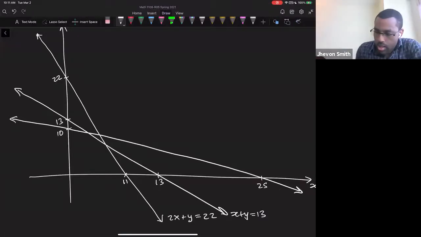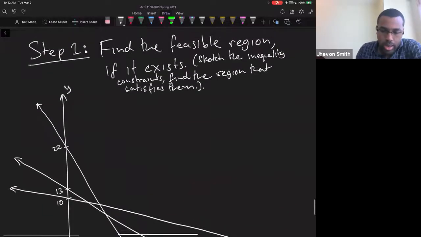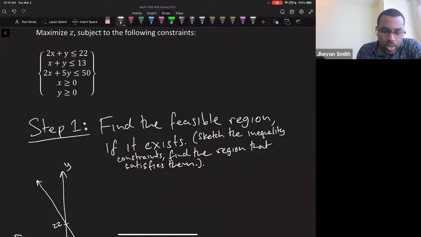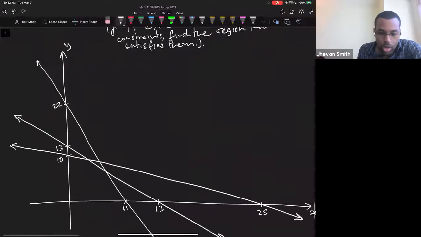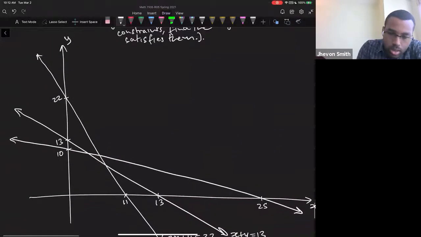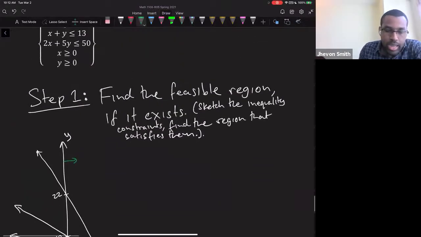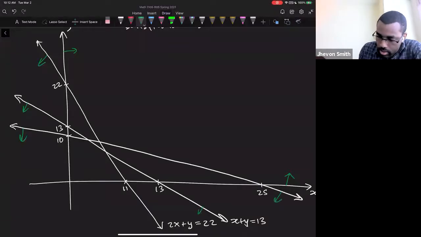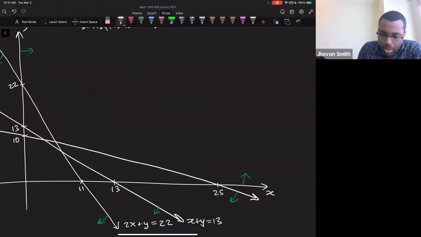Now I'm going to say, what is the feasible region? I want 2x plus y less than or equal to 22, x plus y less than or equal to 13, and this less than or equal to that. I can solve for all the y's and I would get less than or equal to, which means I want to be below all these lines. So I want to be to the right of that and above this because I have x greater than or equal to 0 and y greater than or equal to 0. As for all the lines, I need to be below all the lines. And so that I don't get mixed up, I want to also label all the lines.